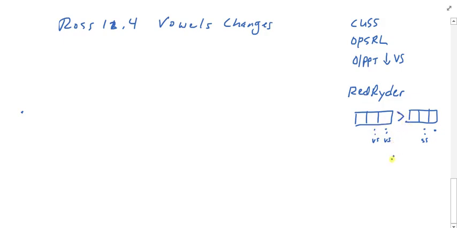There are some other situations that we learned with the Red Rider. That is, if I have a vocal shava followed by a compound shava, what happens there? It shoots out the i and replaces it with a short vowel that matches the compound shava.